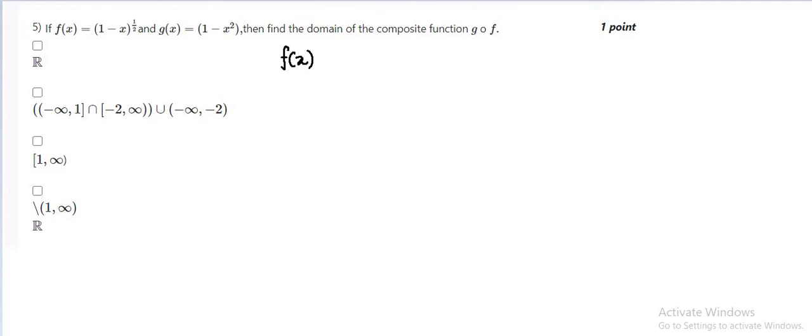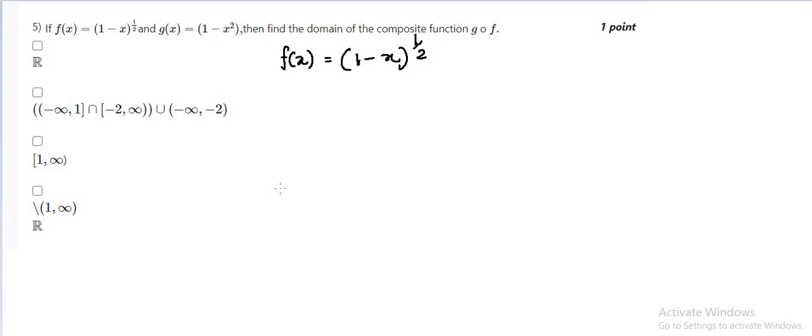If you try to find the domain of f of x, the equation that has been provided is (1 minus x) to the power 1 by 2. As you know, this is a real valued function, that's why the values of x accepted will be those which give me a real number.